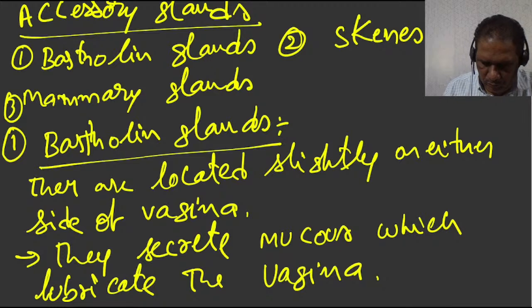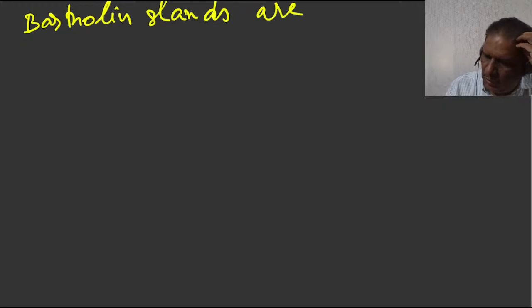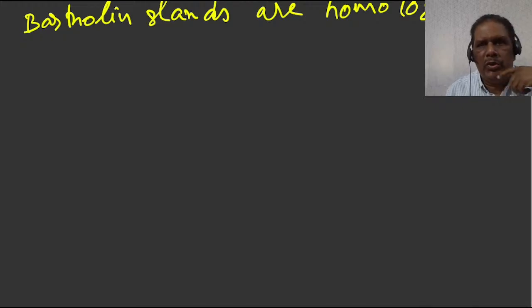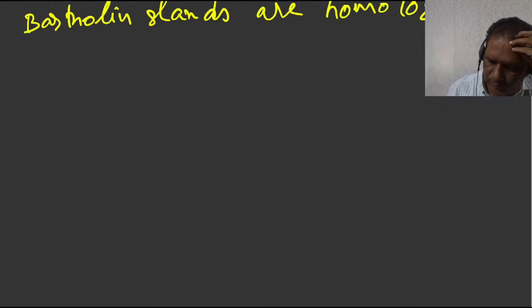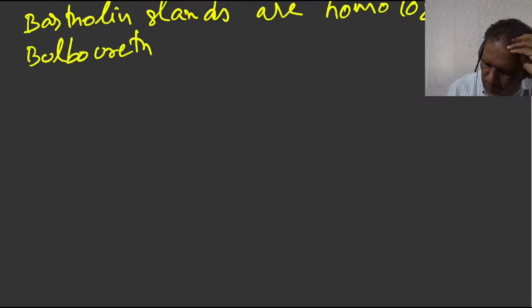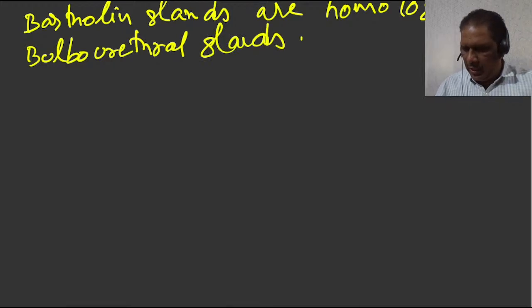Bartholin glands are homologous to the bulbourethral glands of male.